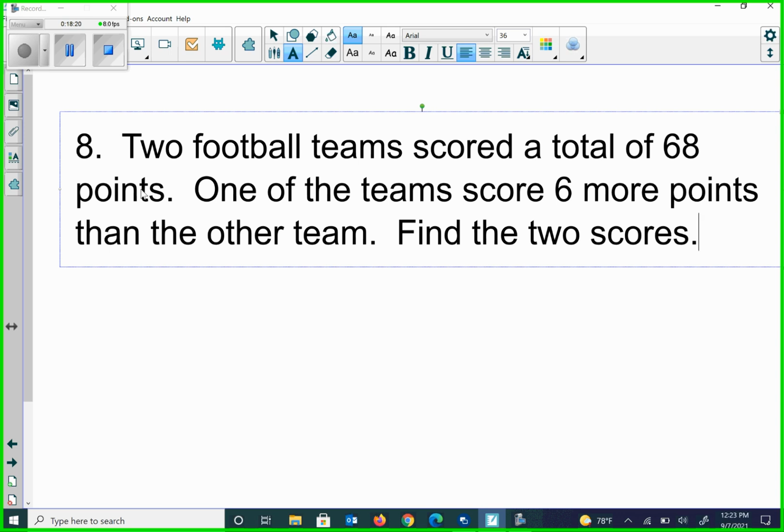Now, one of the answers on the test the other day was no solution. You might remember getting that. I had a student in one of my classes, I'm not going to say which one, that just put no solution for an answer. But there was no work.